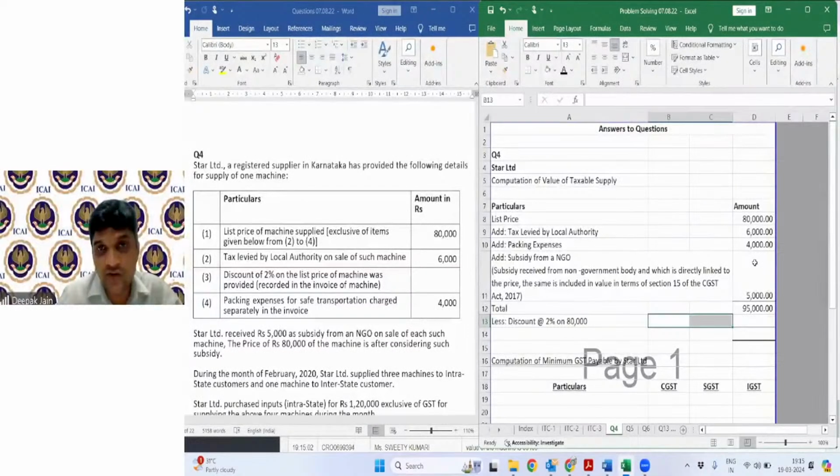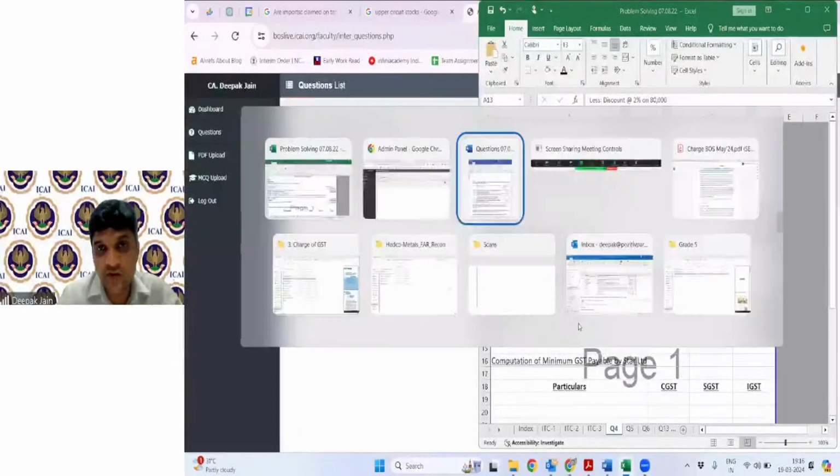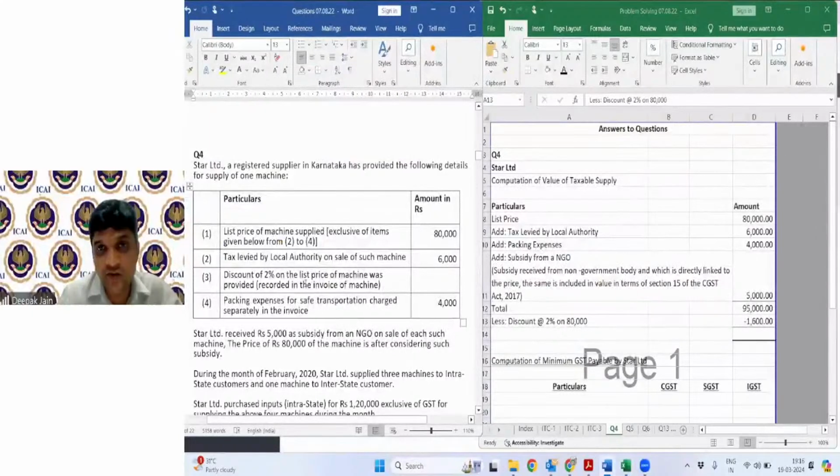5,000 into 2%. But what am I doing? I am doing a discount of 2% on 80,000 rupees. Is that correct? It is correct, because it says the discount of 2%, whatever pricing you charge, the discount is given as 2% on the list price. When you do valuation or calculations, you have to be very careful about what the discount is.